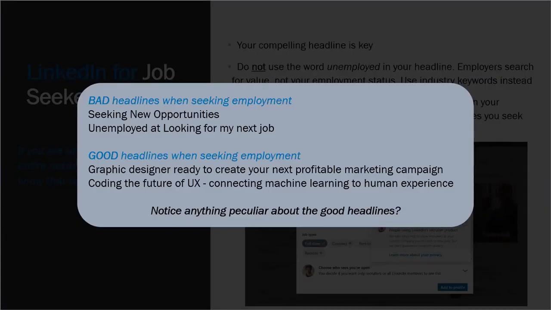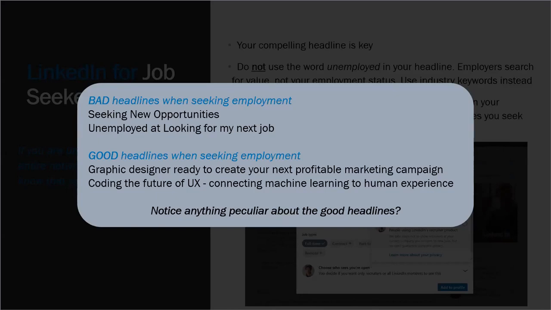It gives an indication that you are ready right now, but you're not saying outright that you are unemployed. Or if you are a coder, you might say something like coding the future of UX, connecting machine learning to human experience. That entire line is pretty much a list of industry keywords for coders.